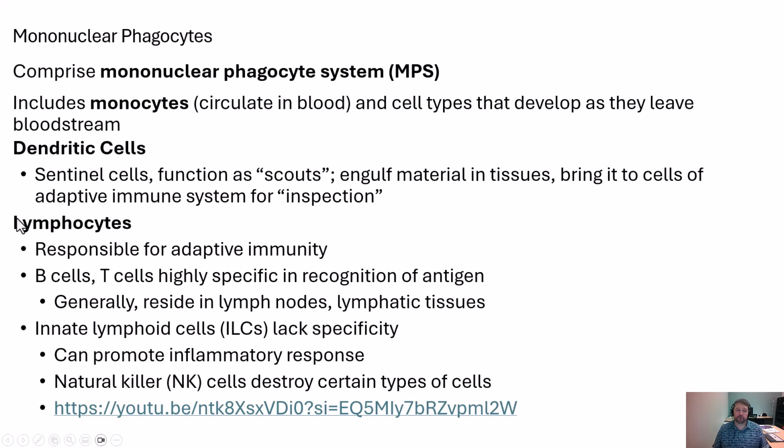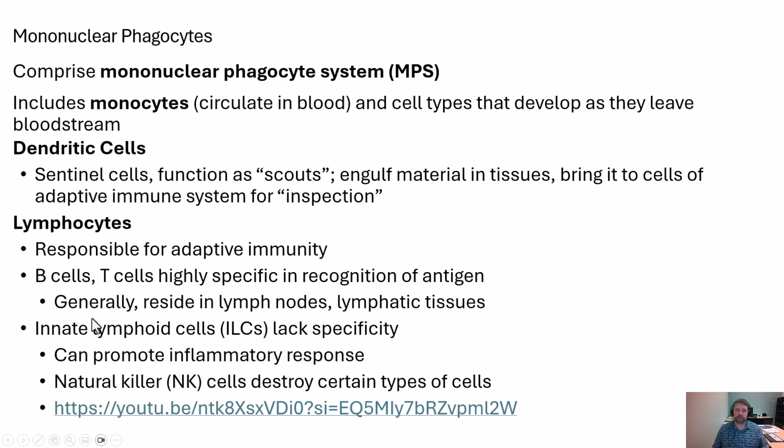So that lymphocyte situation is the dendritic cell scouts out foreign material, engulfs it, digests it, presents it. The lymphocyte then reacts to it. And there's lots of ways in which reactions can occur. Sometimes that's producing antibodies.